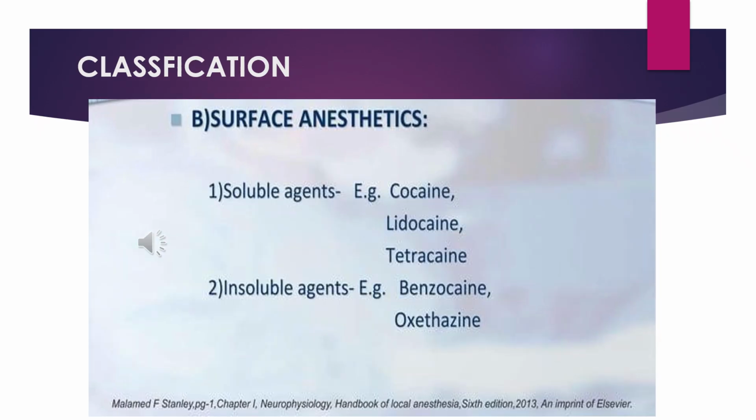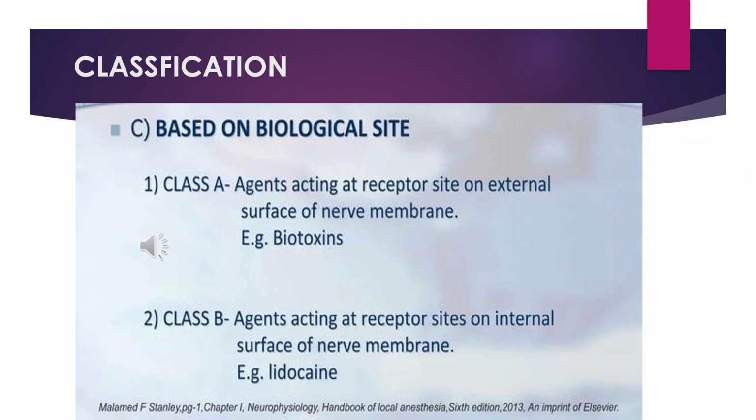Then it is classified according to surface anesthetics, which are soluble or insoluble. Soluble agents are mainly cocaine, lidocaine, or tetracaine. Insoluble agents are benzocaine or oxethazaine. Then it is classified based on the biological site. Class A: agents acting at the receptor site on the external surface of the nerve membrane, for example biotoxin.